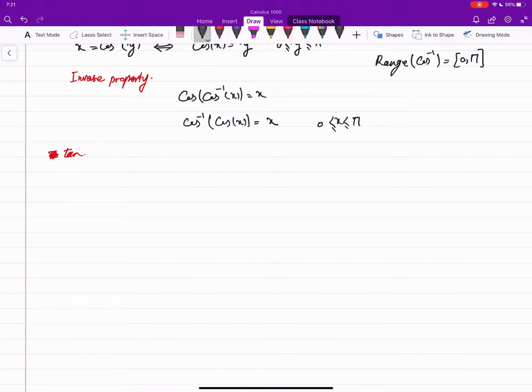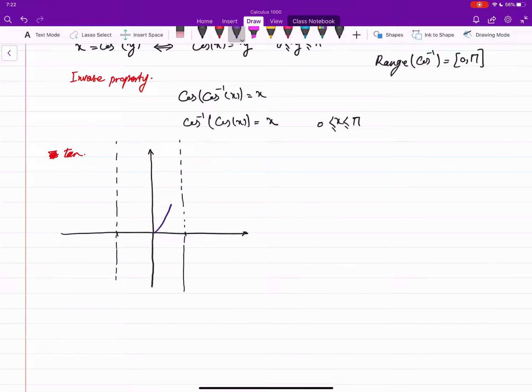The graph of this function has vertical asymptotes at pi over 2 and negative pi over 2, and at every multiple of pi plus pi over 2. So those are the vertical asymptotes, and the graph is something like this.